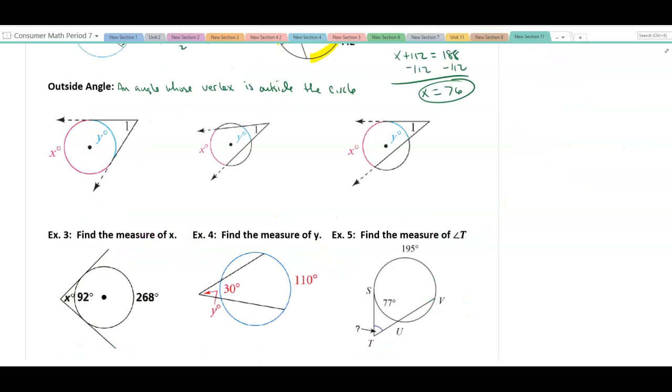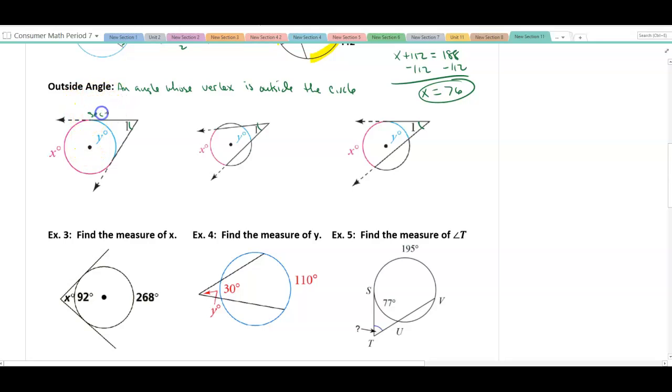An outside angle is basically an angle whose vertex is outside the circle. So if you look at the three angles here, this angle 1, this angle 1, this angle 1, all of those angles are outside. Now, if you look here, different segments and lines make up these angles.